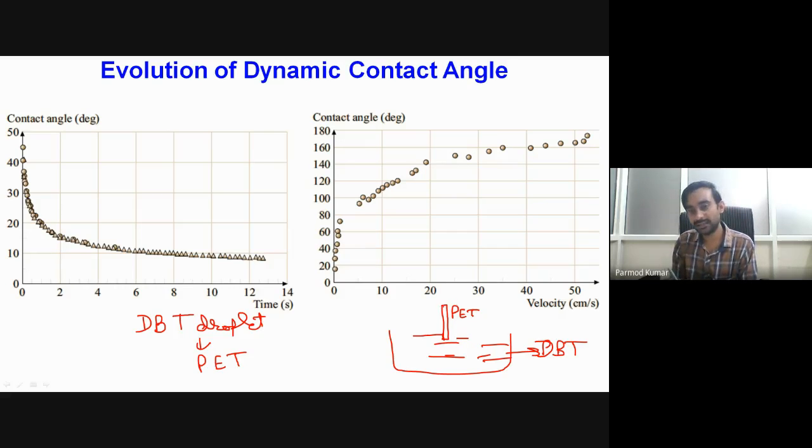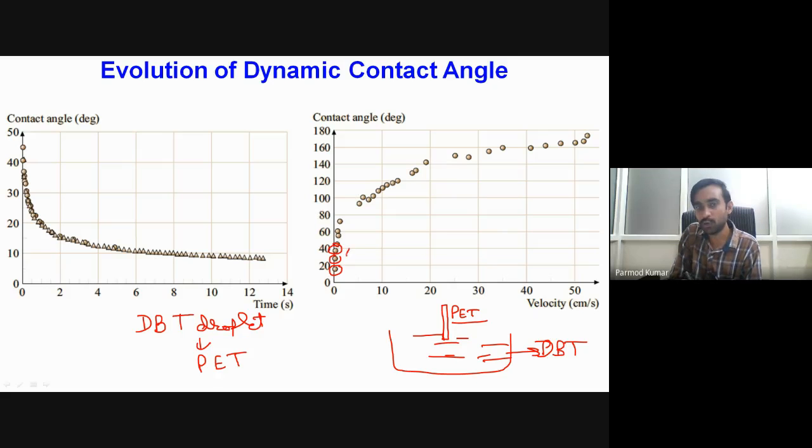Okay, this experiment is performed at different velocities of the PET surface, and for each velocity, whatever value of contact angle is found is represented over here. So you can see initially that close to contact line velocity equal to 0 you also have different values of contact angle.